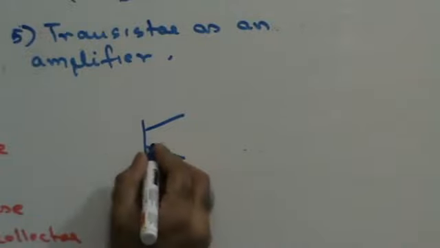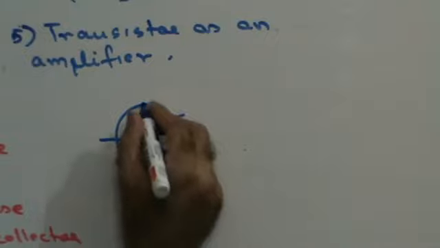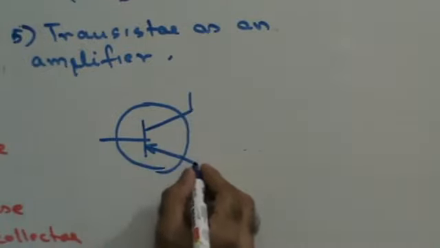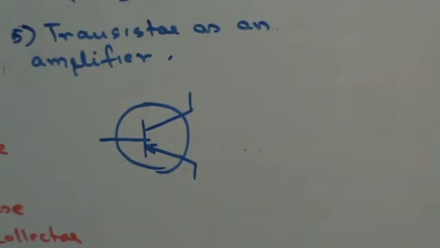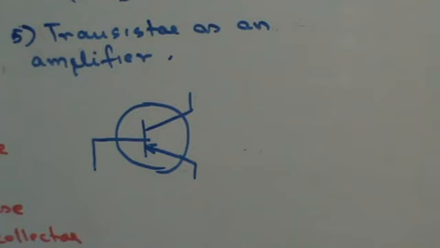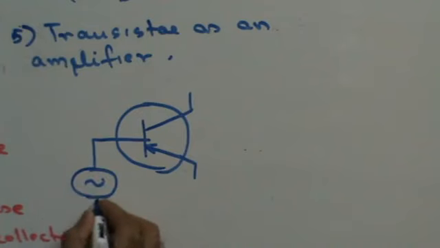Let us consider a PNP transistor. The input signal is going to be given to the base emitter junction, where I'm using a common emitter configuration. So this is my input signal. This is the potential. This is my PNP transistor. So forward bias the junction.